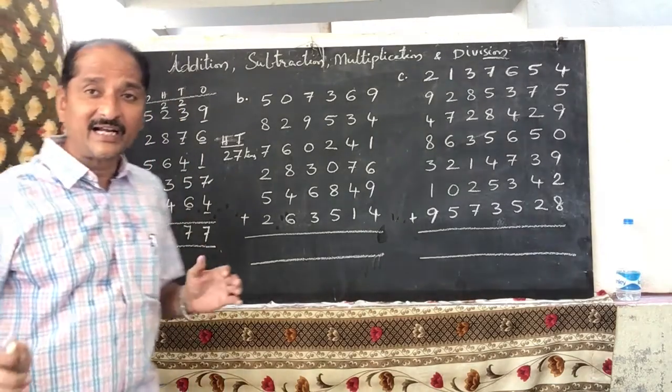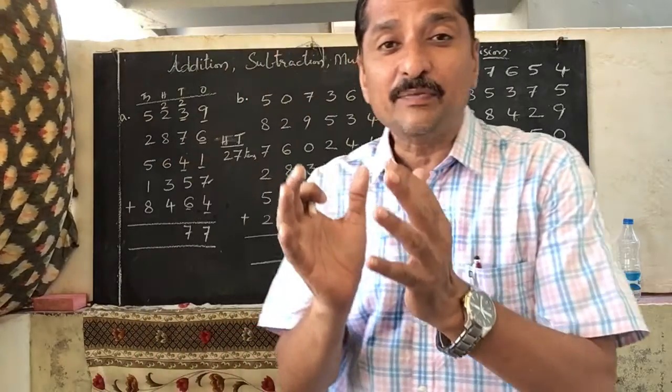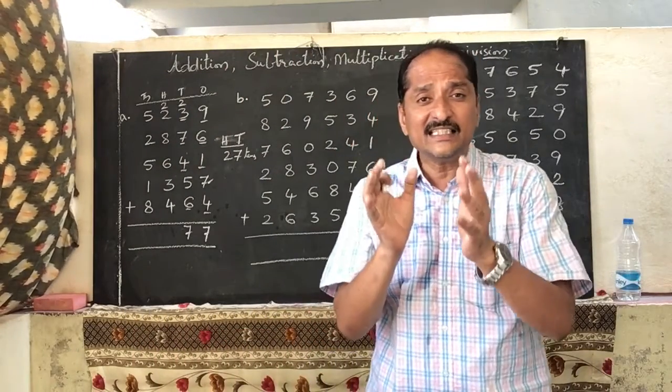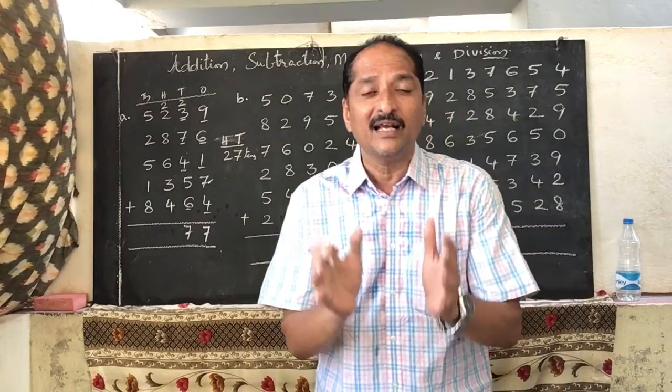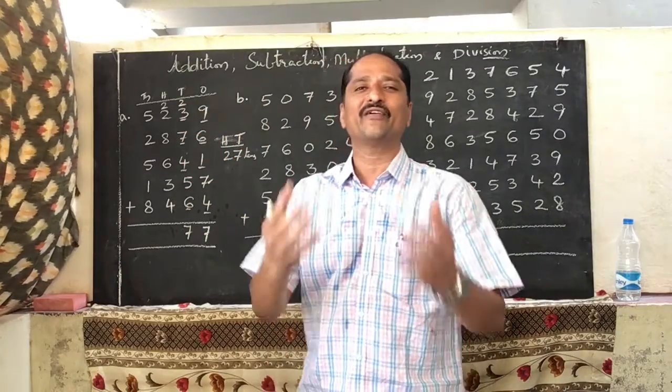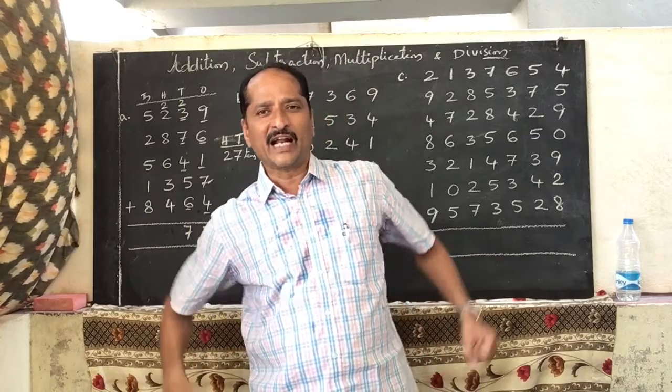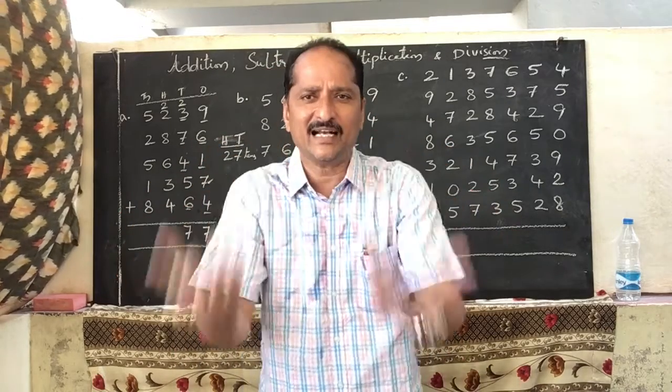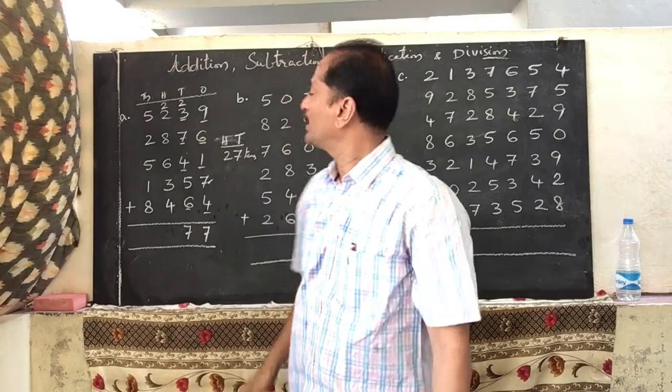Now what do you have to add? We should add the hundreds place digits. The digits in the hundreds place are 2, 2, 8, 6, 3, 4. Now we have to add all these hundreds. How many hundreds will you get? Now check.